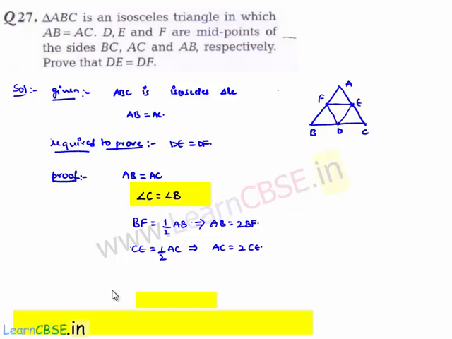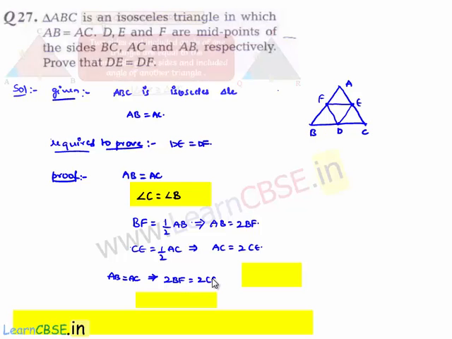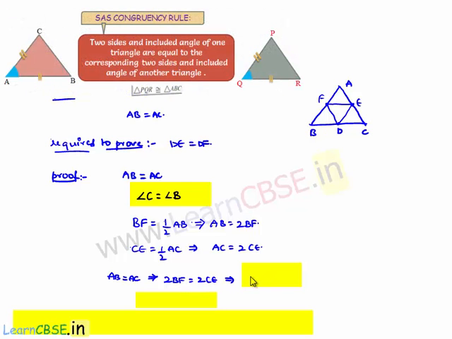But we know that it is given AB is equal to AC. That implies 2 times BF is equal to 2 times CE, which further implies that BF is equal to CE.